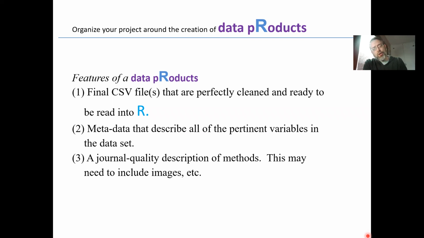You need a high quality or journal quality description of the methods somewhere. If you're writing a thesis, that'll be in your thesis. But even if you're just along the way and you don't know where you're going, early on, you should type out what happened. What are the methods? Potentially with pictures. For some reason, this is a baffling thing to me.